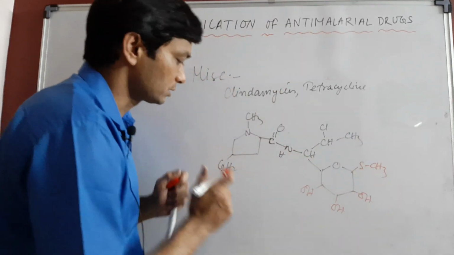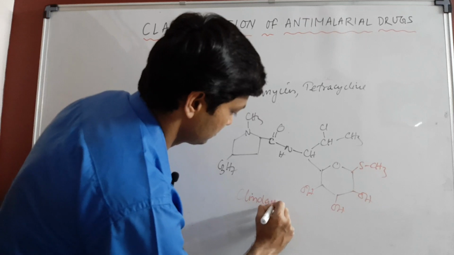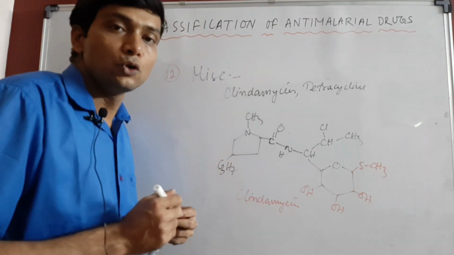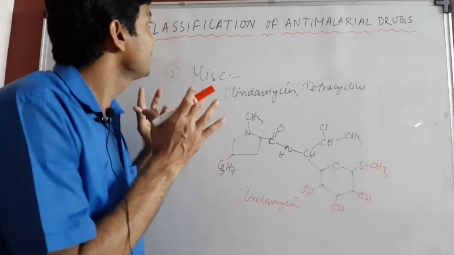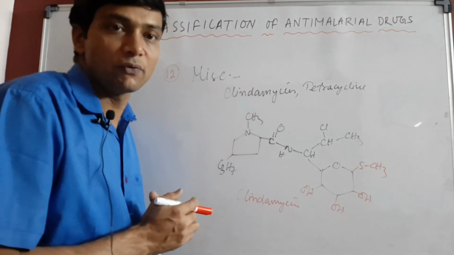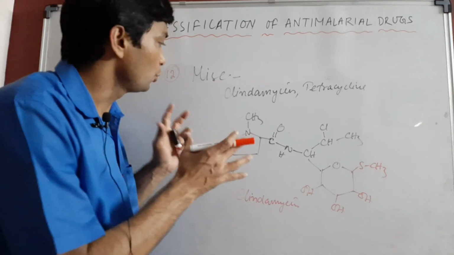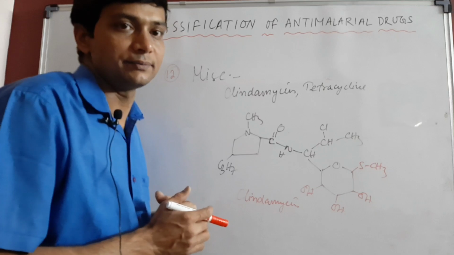This is the structure of clindamycin. So these are the chemical classifications of antimalarial agents with their chemical structures. Thank you.